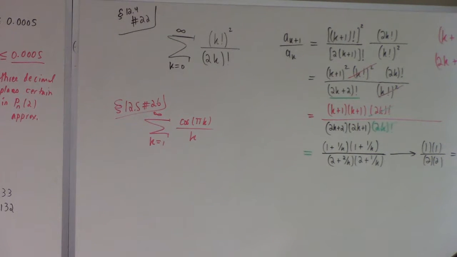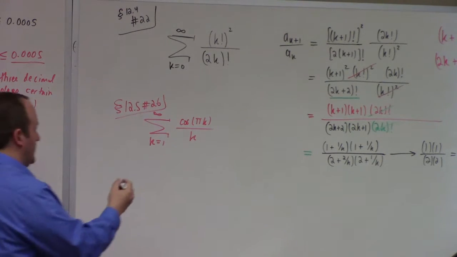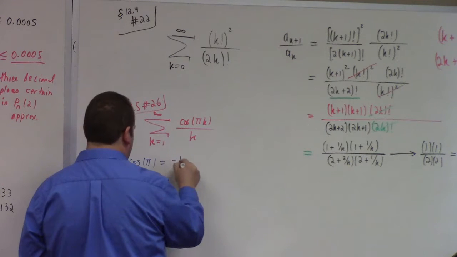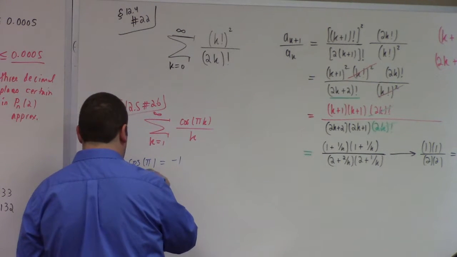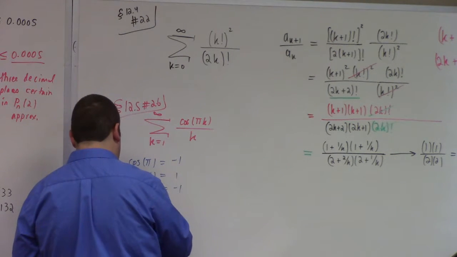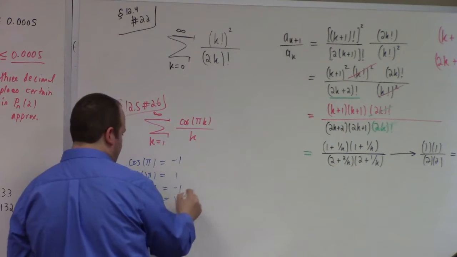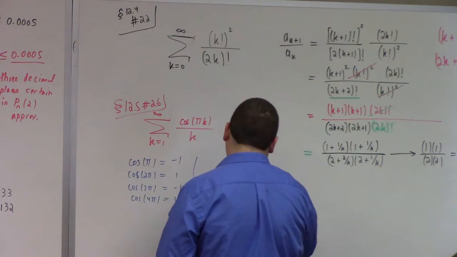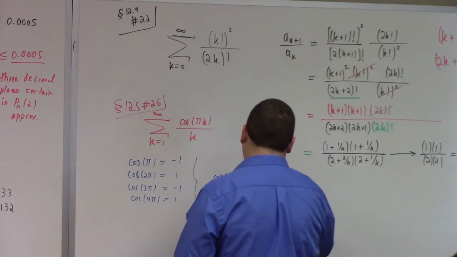So what is cosine of pi k first of all? Cosine of pi is minus 1, right? Cosine of 2 pi is 1. Cosine of 3 pi is minus 1. Cosine of 4 pi is 1. Are you bored yet? Okay, so cosine of pi k is just (-1)^k.